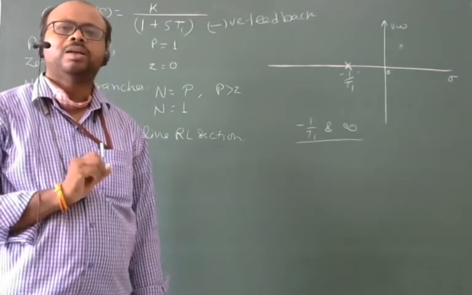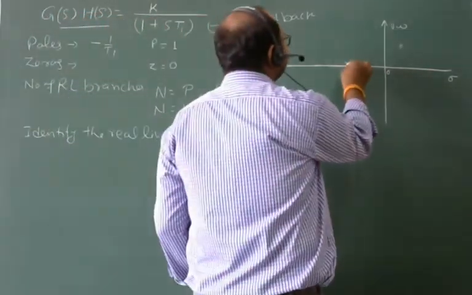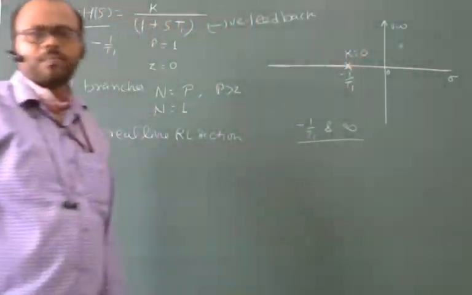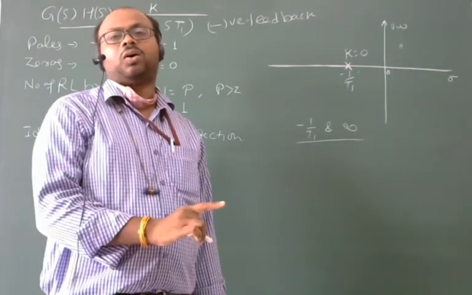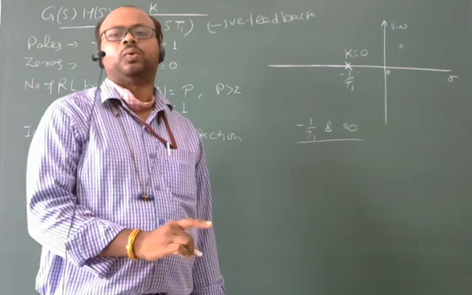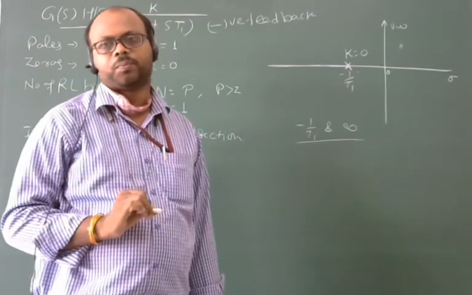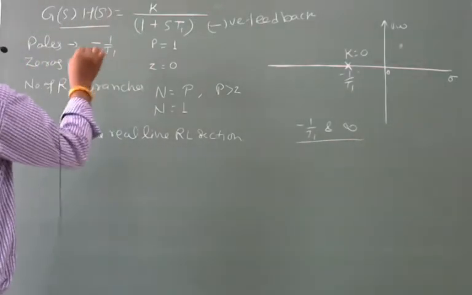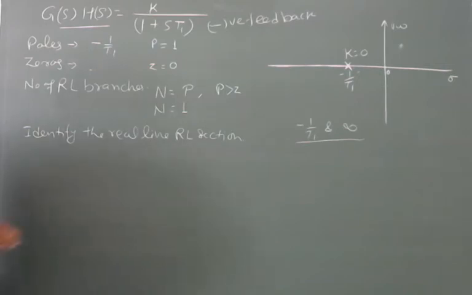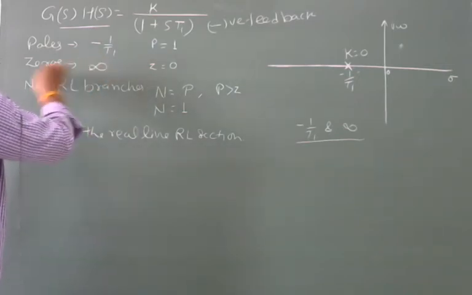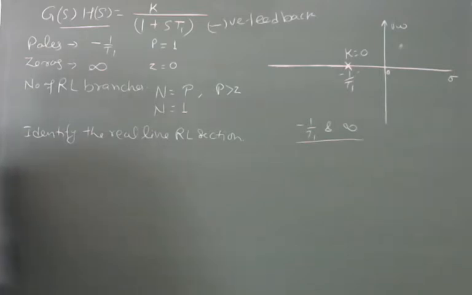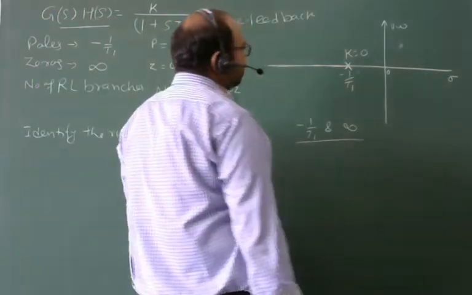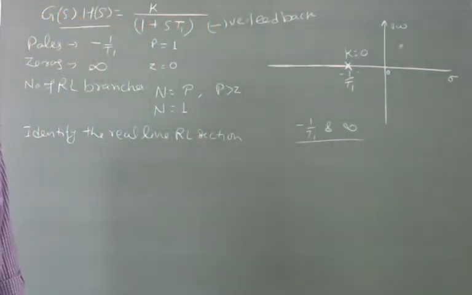And we know that root locus will start from a pole, where k is equal to 0, and will end on a zero. Since no zero is given in this G(s)H(s), the zero will be at infinity.